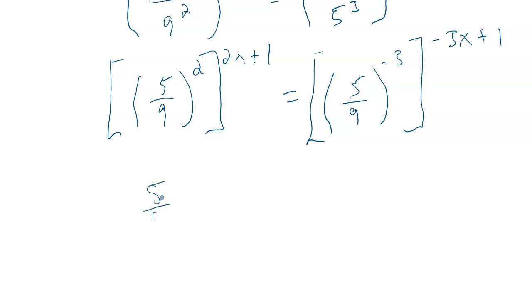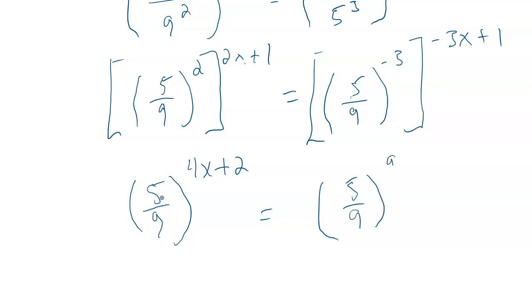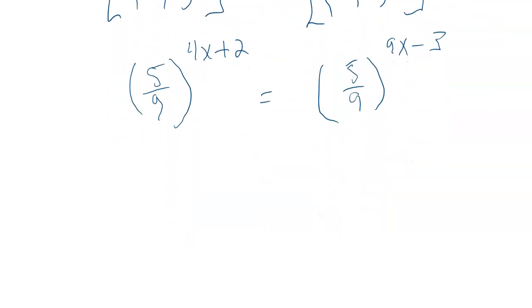So I get 5 ninths raised to the 4x plus 2, and on this side, 5 ninths raised to the 9x minus 3. Once the bases are the same, we can line the exponents. So we get 4x plus 2 is equal to 9x minus 3.